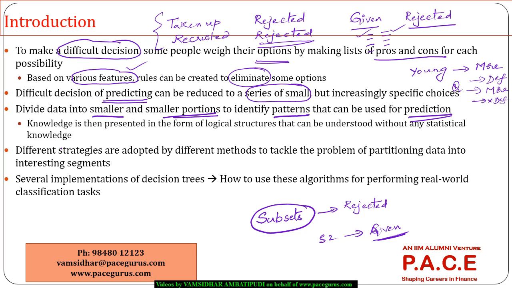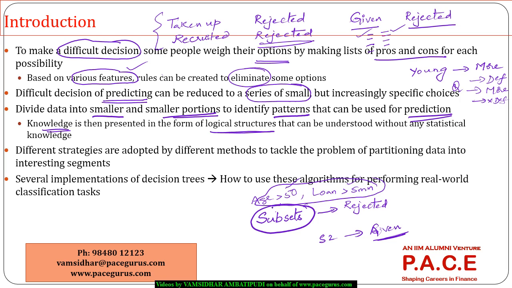So the knowledge that I am gaining through these various subsets, I am putting in the form of logical structures. Okay, this subset is nothing but people with age greater than 50 who have taken a loan of more than 5 million. So probably this is the kind of simple structure. A person has an age of over 50 and a loan amount of greater than 5 million.